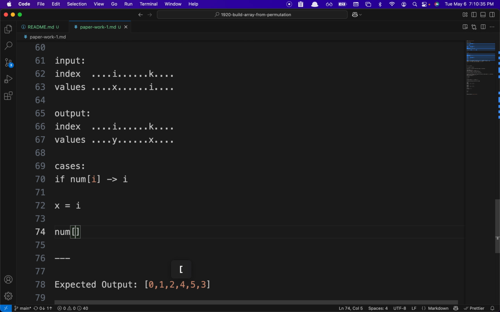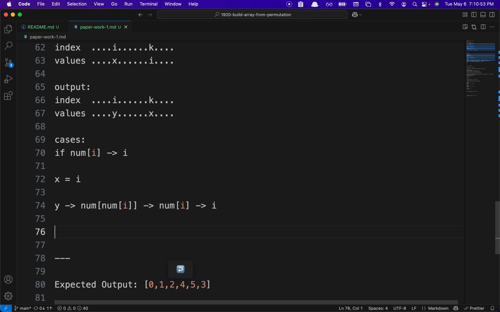For nums of i is y, then y is this. Nums of i is i, nums of i is again i, right? So we're saying y is equal to i, x equals y equals i.